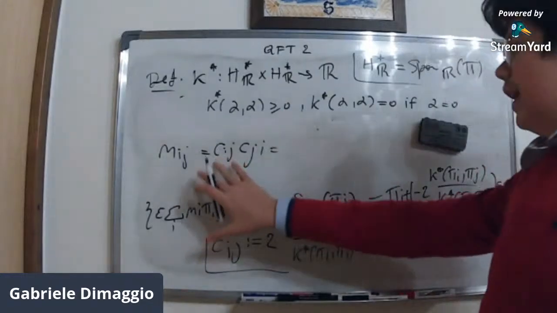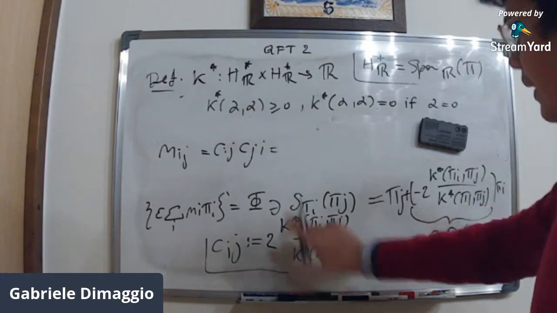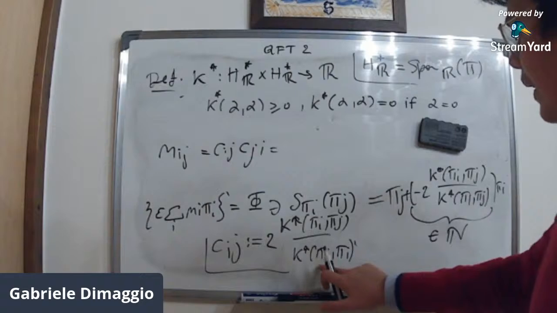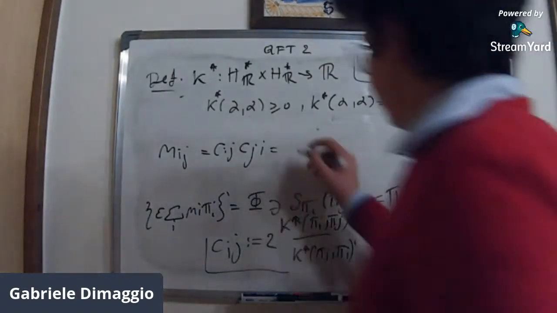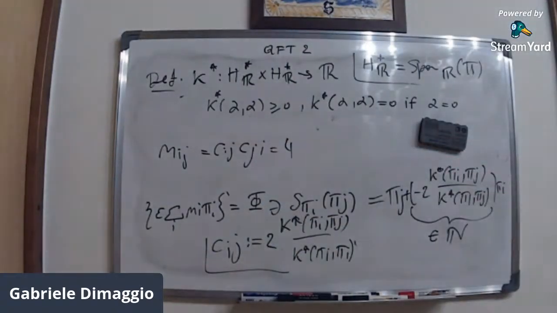If I take C_ij, which is equal to this, then I can take C_ji. So here I have pi_j pi_i, and here I have pi_j, and so I obtain 4, and of course I have 2, so 2 times 2 is equal to 4.